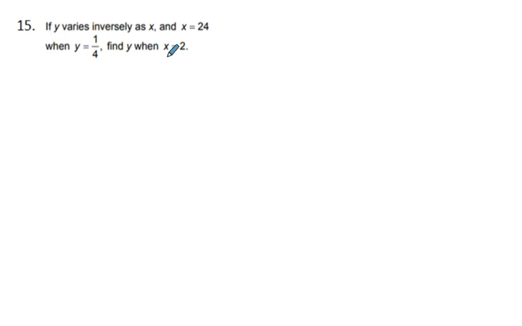Next, 15. Same type of situation. We have y equals a over x, and we're going to replace these now when y equals 1/4, x is 24, so 1/4 equals a over 24, and we cross multiply.